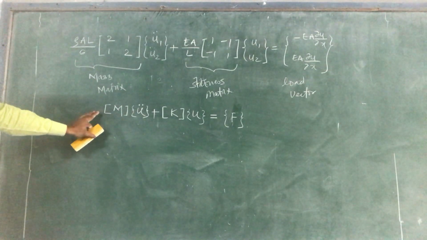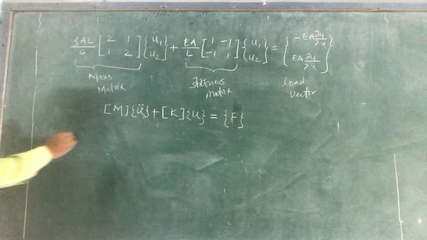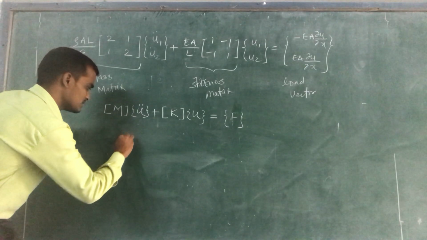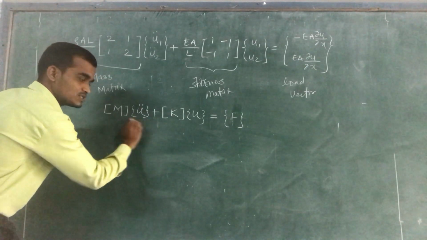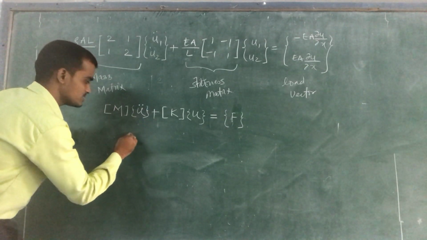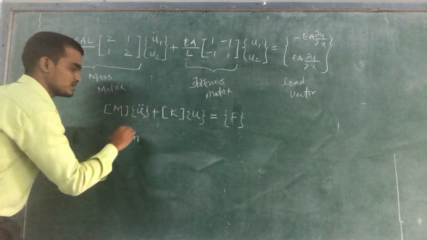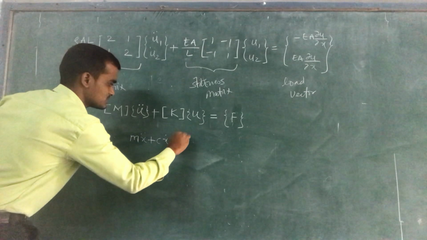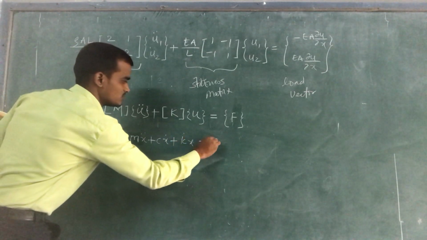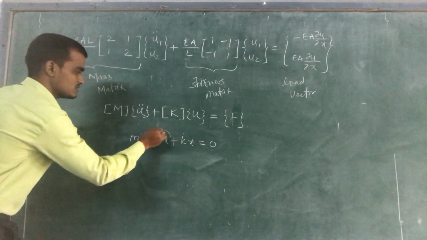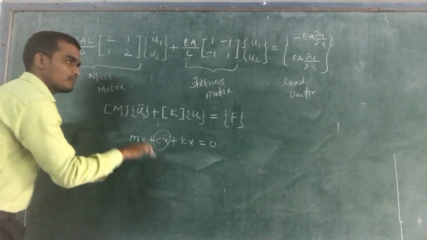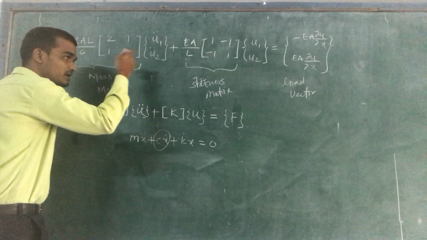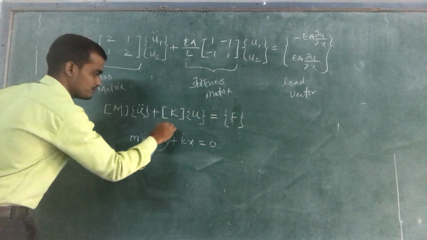For free vibration analysis, as you studied in your free vibration subject, the free vibration equation is given by m x double dot plus C x dot plus K x is equal to 0, where C x dot is related to damped vibration, but we are actually studying undamped free vibrations here, so this term will become 0.